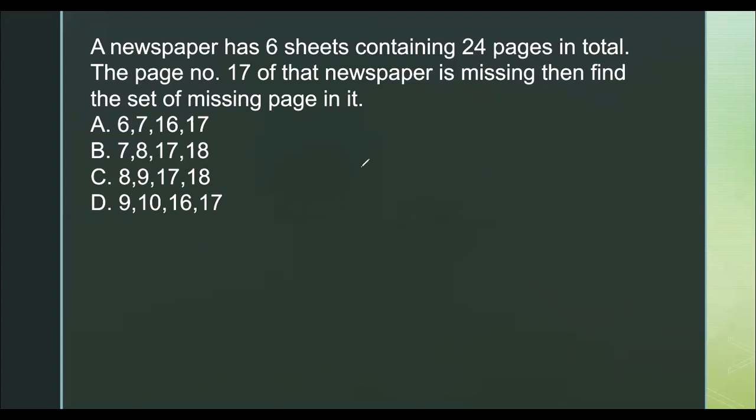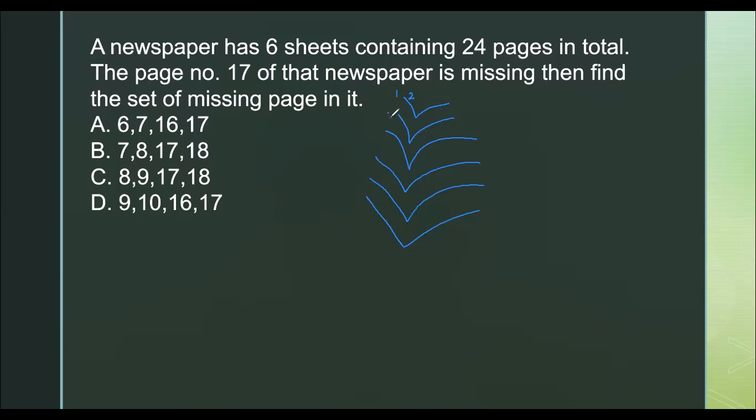So as we all know that newspaper हमारे पास कुछ इस फॉर्म में आता है. These are the pages. 6 sheets हैं उसमें. 1, 2, 3, 4, 5, 6. So this is 1. Right? Here will be 2.